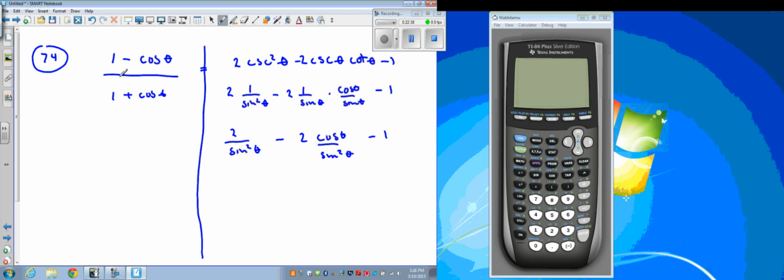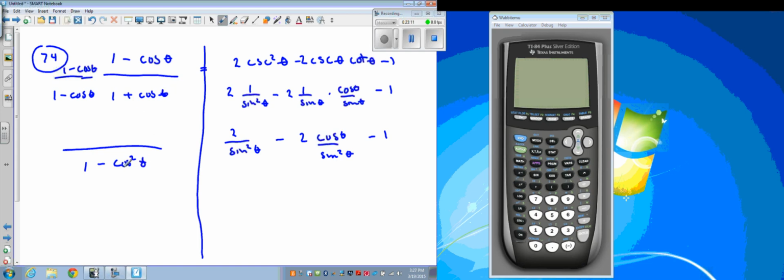If we multiplied this side by 1 minus cosine over 1 minus cosine, so that this denominator becomes 1 minus cosine squared, like this was theta.